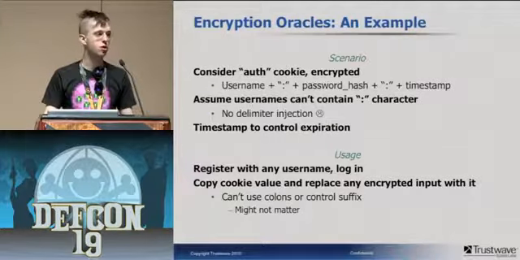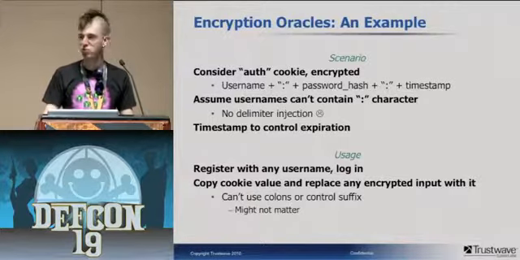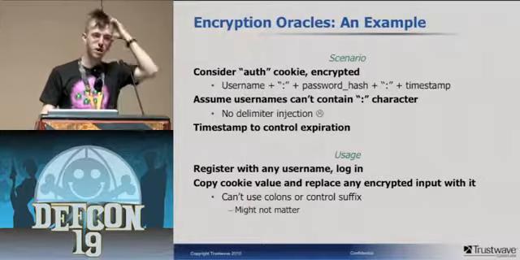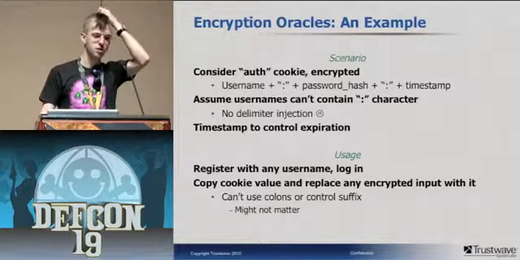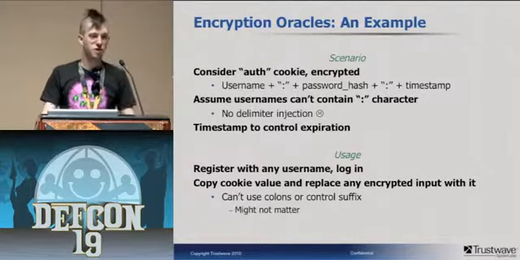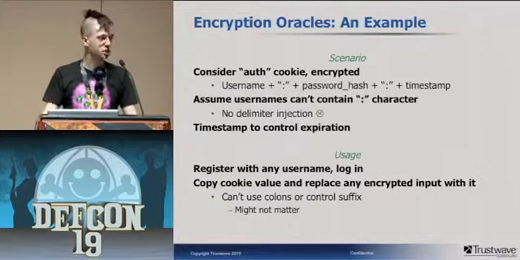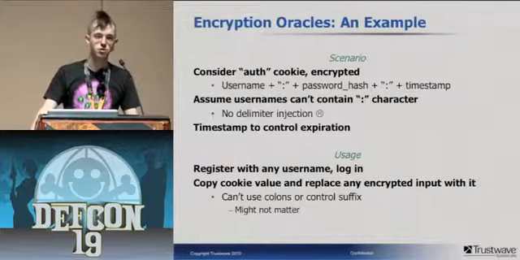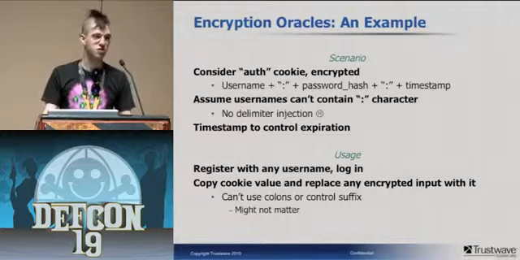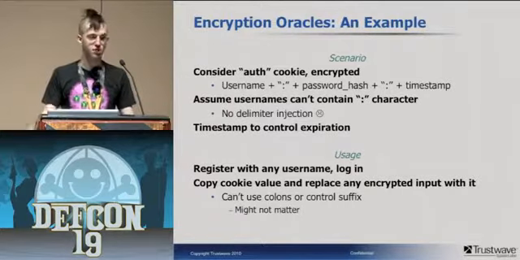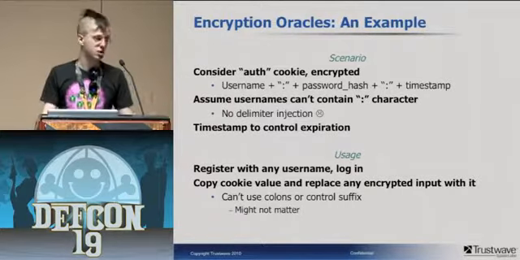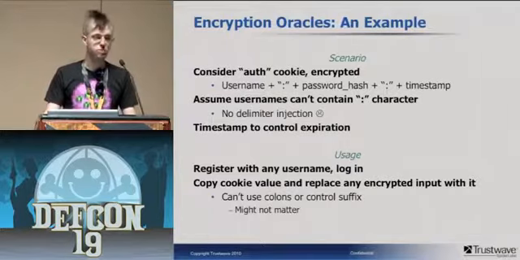Does anyone know what null byte injection is? Poison null byte. Okay, so we've got some. The poison null byte is an issue where the null byte, hex 0, is seen by some frameworks as just another character, and in others it's a string delimiter. So, for instance, when you're doing file inclusion attacks, if you're tacking .htm onto the end of everything and thinking, well, this is fine, they can only include HTML files, you put a null byte on there.